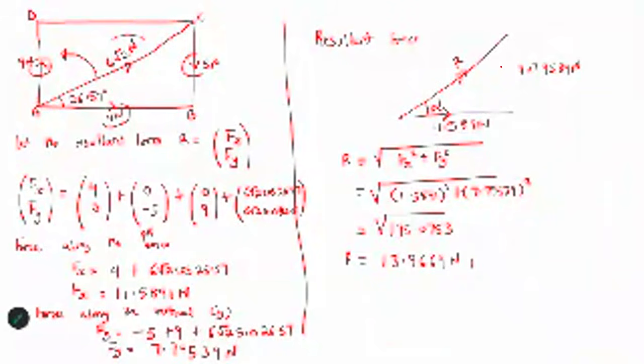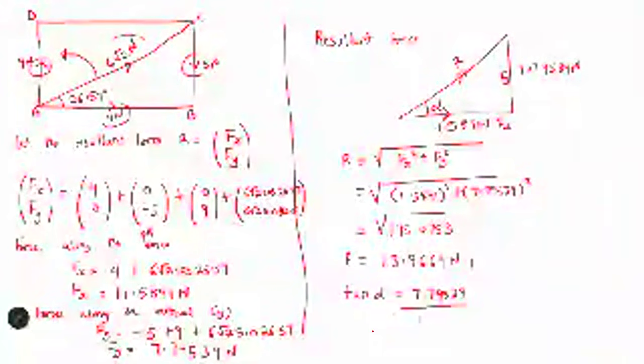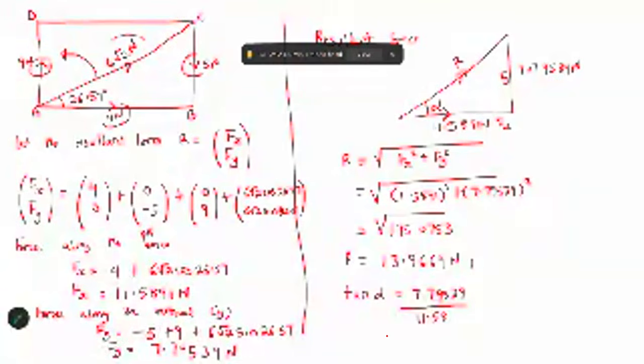So now, tan theta is equal to F of y over F of x. For this case, this is our F of y, and this is F of x. So we shall have 7.79539 divided by 11.5891, meaning that theta is going to be tan inverse of 7.79539 divided by 11.5891.